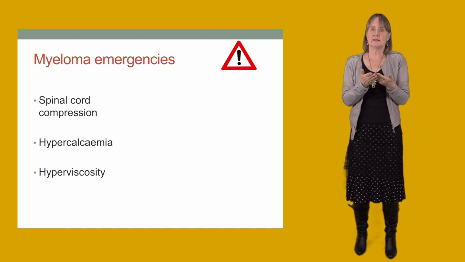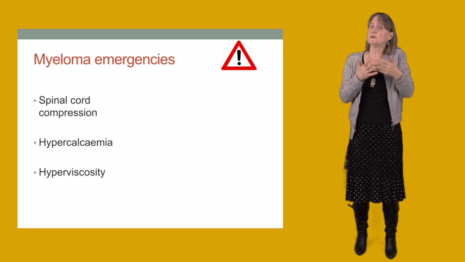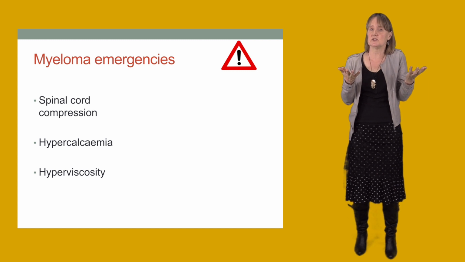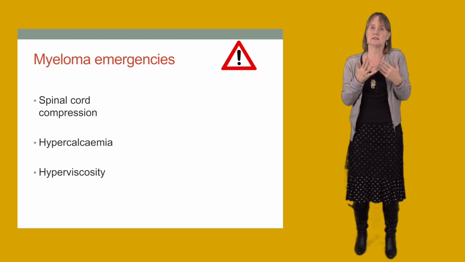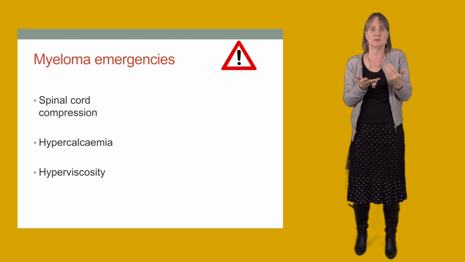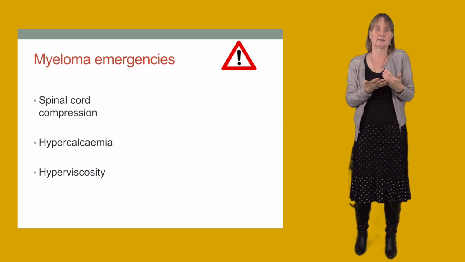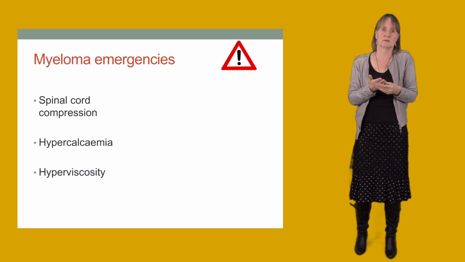And recognizing that this could be myeloma, possibly because there are other features that would suggest this on the blood count, the high globulin level, the electrophoresis, might mean the difference between your patient getting prompt treatment and recovering from paralysis and not doing so.